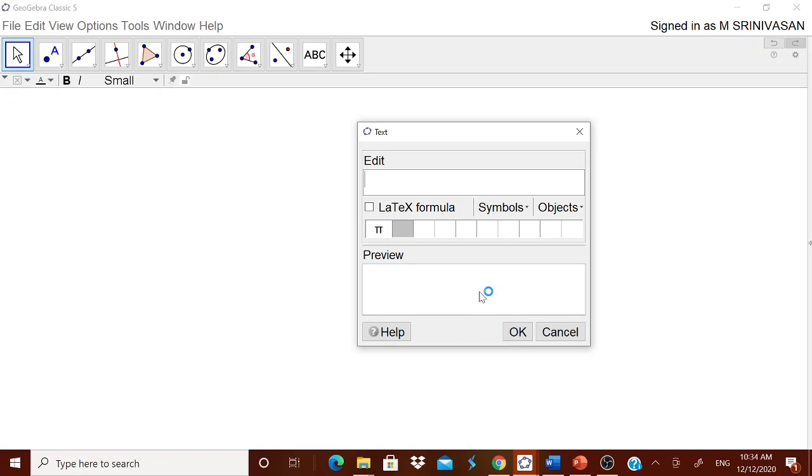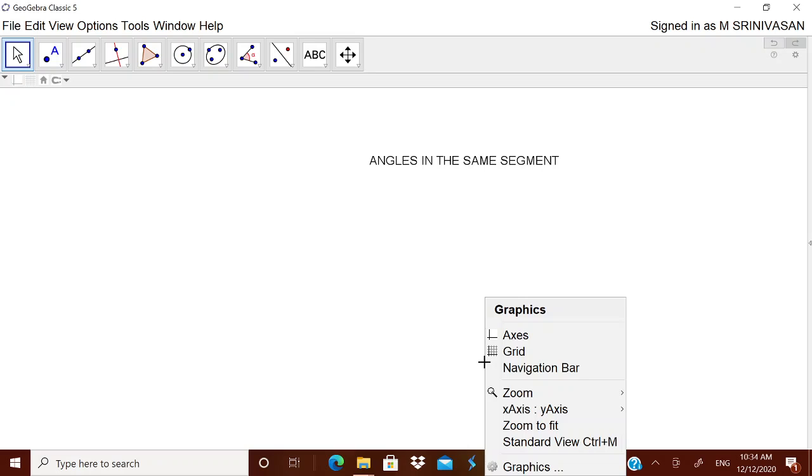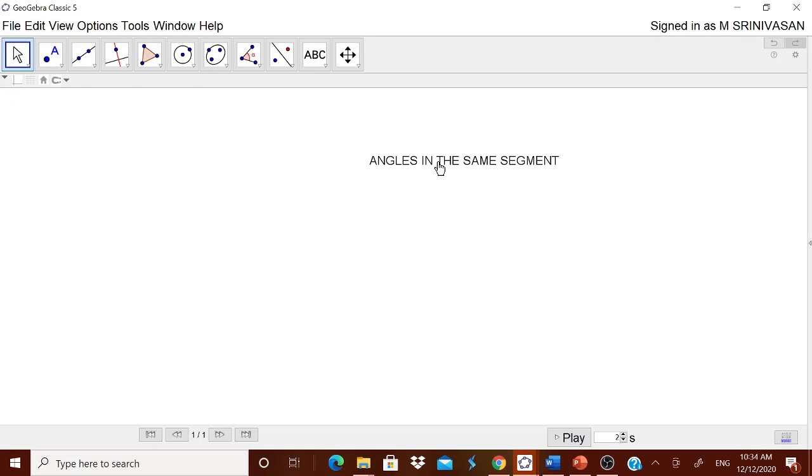We will draw a circle, show them a segment, then declare what will happen to the angles made in the segment. And remember, whenever you are teaching in the class, it is better to go in a step-by-step fashion. For that, you need this navigation bar.